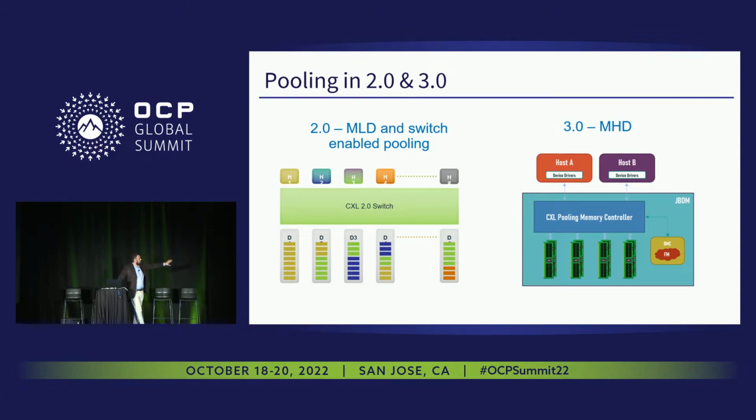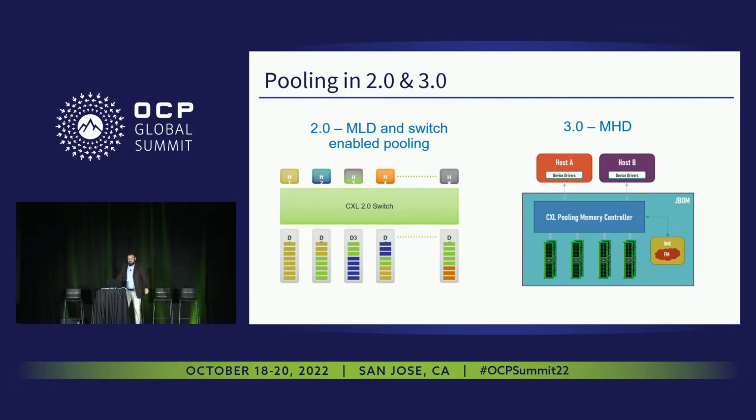Visually, it's quite simple to see some of the benefits of the multi-headed device in 3.0. On the left, with the switch-enabled pooling, we potentially get larger expansion into even larger pools of memory. But one of the restrictions is you need to traverse two CXL links, one at the top of the switch and one at the bottom of the switch, which then leads to a controller, which then has the media controller in it. Whereas on the multi-headed device, we only need to traverse a single CXL link.